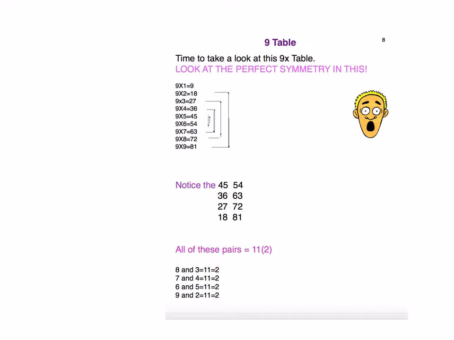But let's take a look at that 9 times table. This is intriguing because the 9 times table is perfectly symmetrical. Take a look at the 9 times 5, and that equals 45. The 9 times 6 equals 54. Now let's expand out. 36, 63, 27, 72, 18, 81.